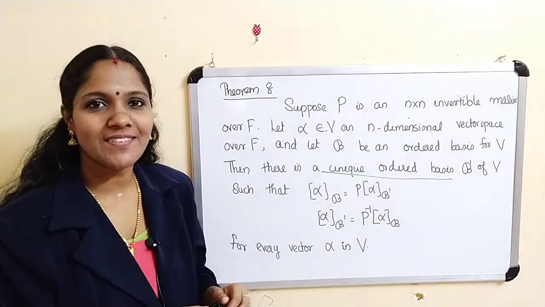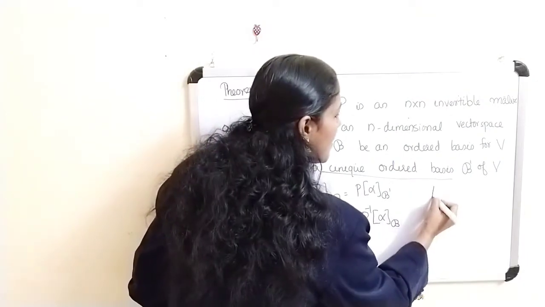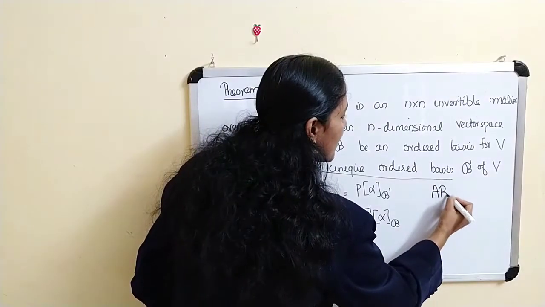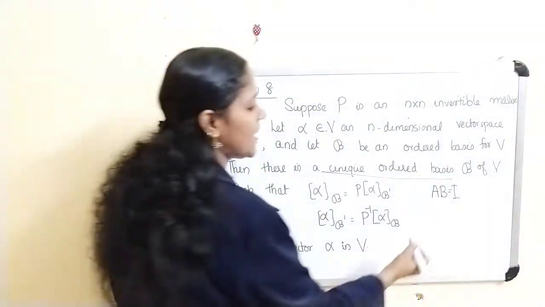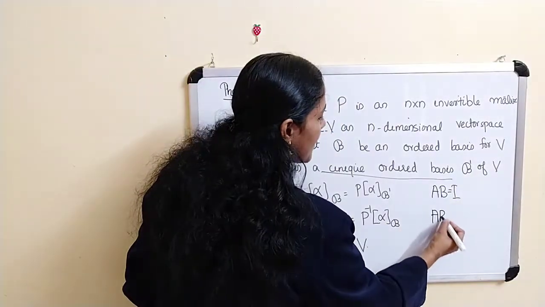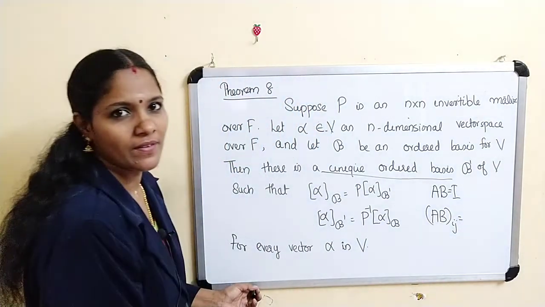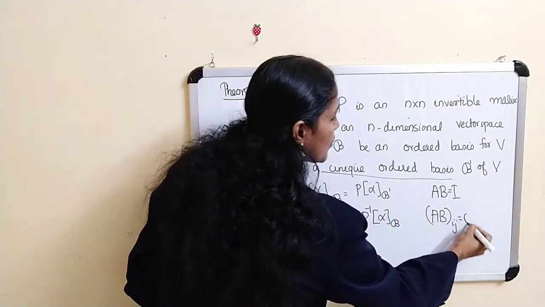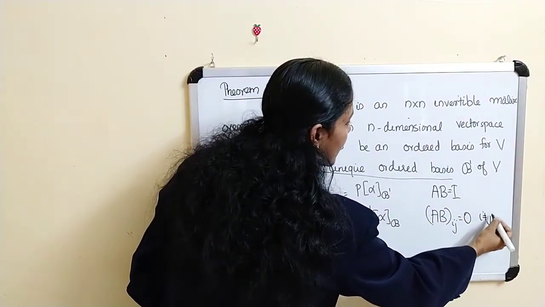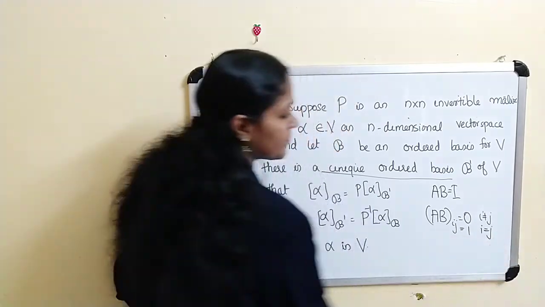Okay, and given P is invertible. So we have one result. Suppose B is the inverse of A, then AB equal to I. Now what about the ijth entry of AB? As AB equal to I, the ijth entry of AB is equal to 0 if i not equal to j, and is equal to 1 if i equal to j.